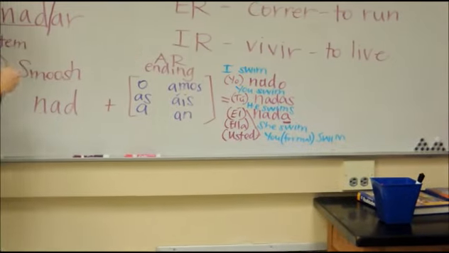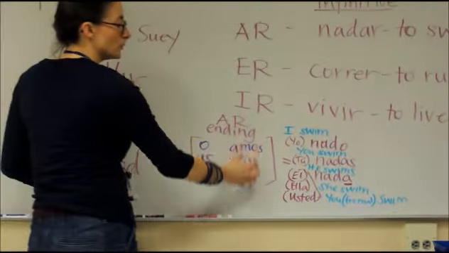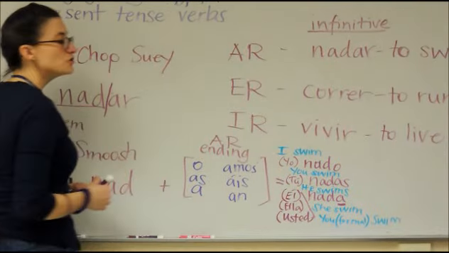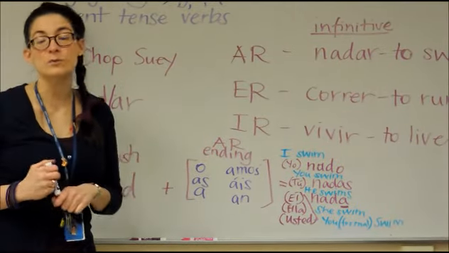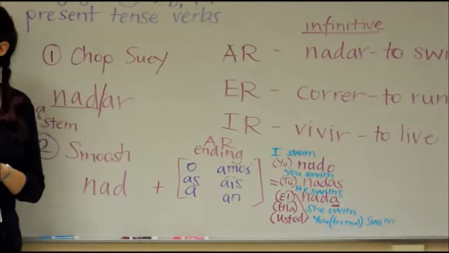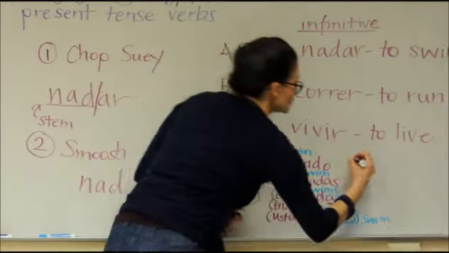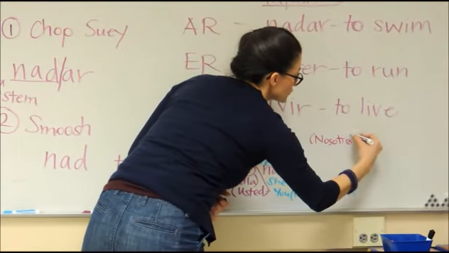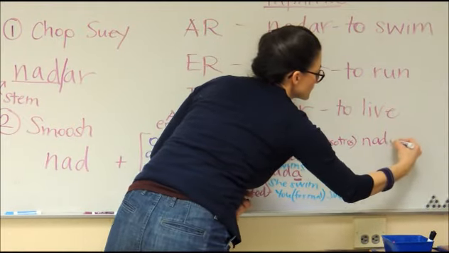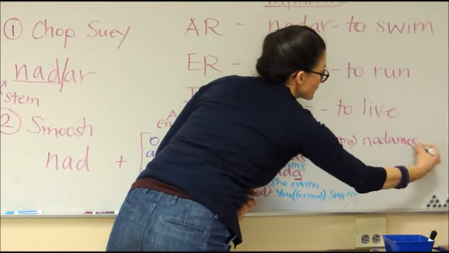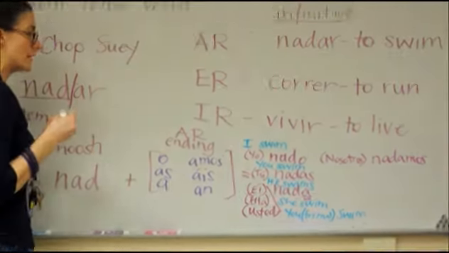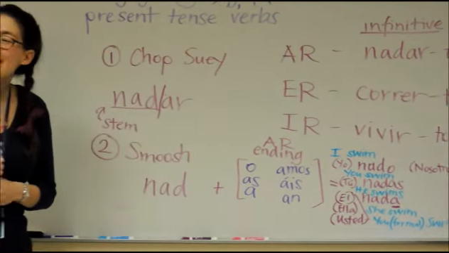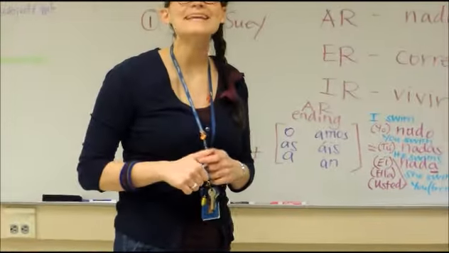Good. So let's get into the plural side, more than one person. This is the plural column. How would we say we swim? Nosotros nadamos. Muy bien. We swim. How do we say you all swim in Spain?